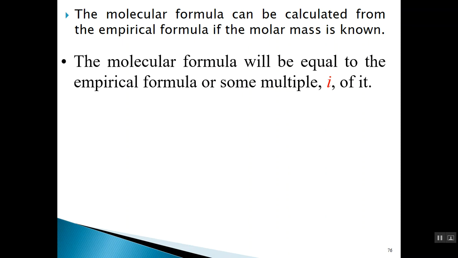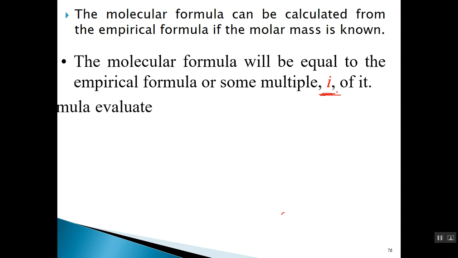How do we do that? Well, you have to keep in mind that the molecular formula will be equal to some multiple of the empirical formula. And we typically use the symbol I. In some textbooks, they call it the integral factor. All right.